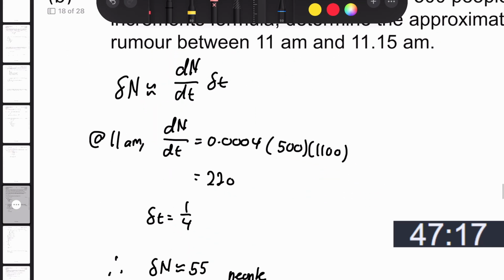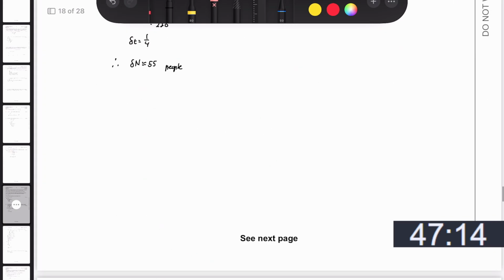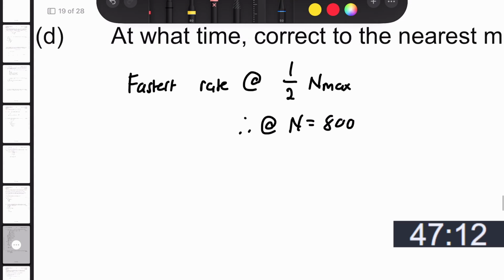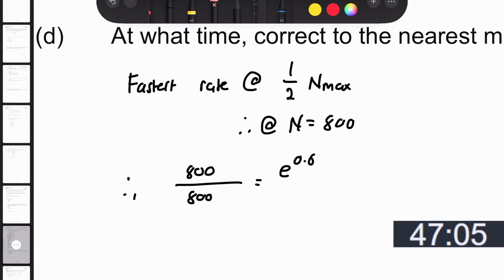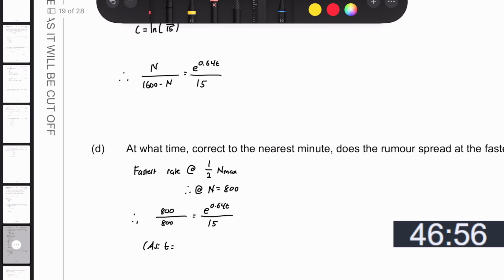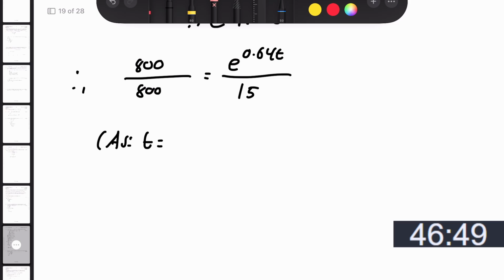I guess you could also just put some graph maybe. So n is 800, therefore 800 on 800 is equal to e to the 0.64t on 15. So t is equal to, solve 1 is equal to e to the 0.64t on 15.